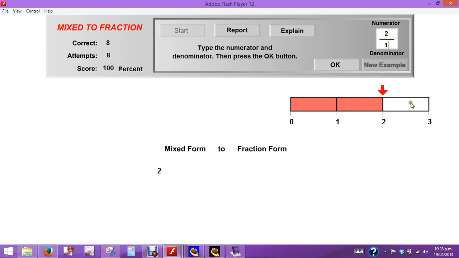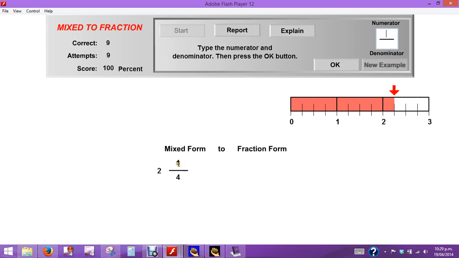I could have written 4 over 2, 4 halves, but 2 over 1 is the simplest way that I can write 2 in a fractional form with a numerator and a denominator, 2 over 1. Cute, eh? So that's correct.